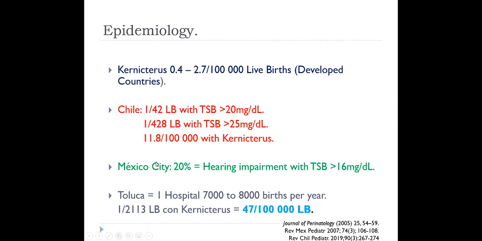Okay, what happened in Mexico? In Mexico City, in a cohort of 300 babies, 20% have hearing impairment with total serum bilirubin more than 16 milligrams per deciliter. In my hospital, we have 7,000 to 8,000 births per year, and we have 5 to 6 cases of kernicterus per year.